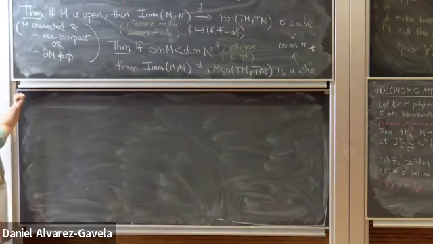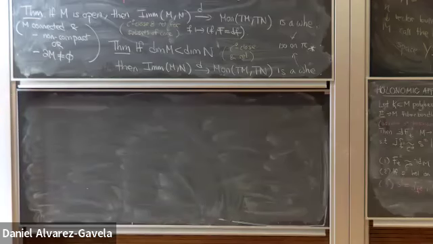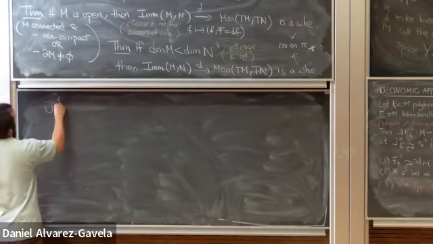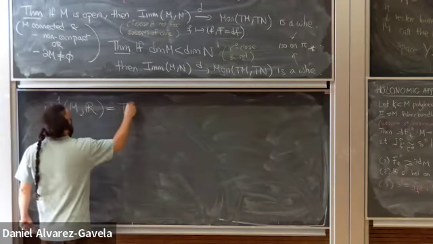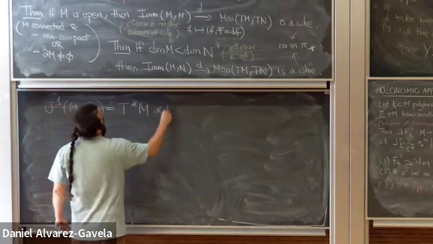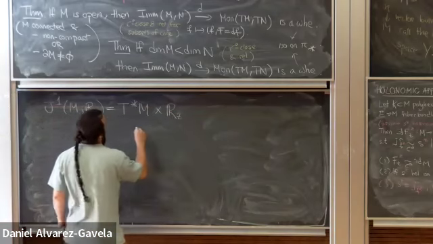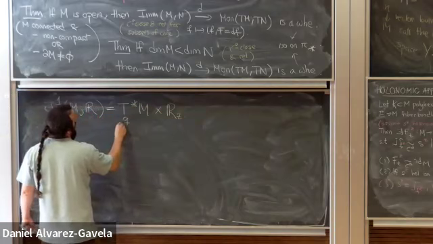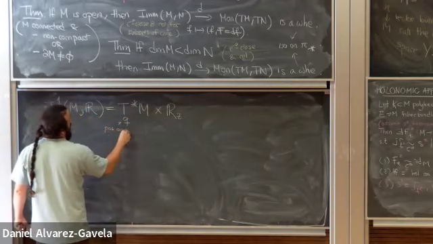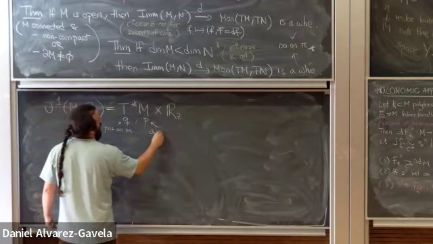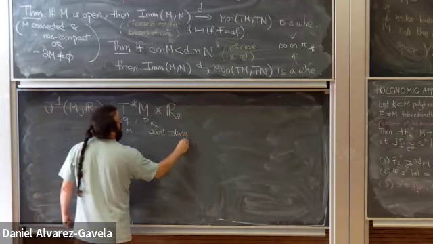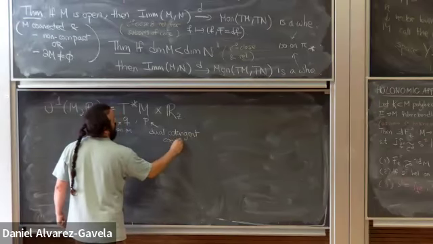Okay, with my remaining time, I want to talk about a slightly different application that will come up in the symplectic talks. You have this one jet space, which is just the product of the cotangent bundle times R. Here I will have q the position coordinates on N, and p the dual cotangent coordinates.